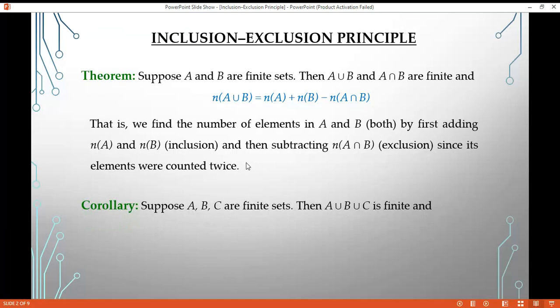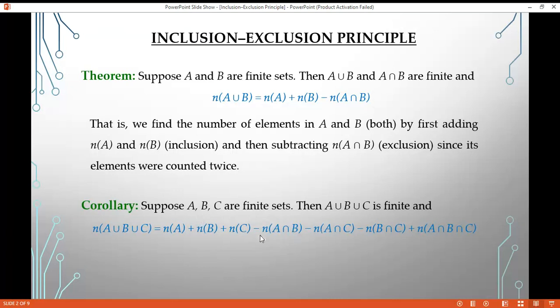One corollary is there: if we have three finite sets A, B and C, then A union B union C is finite, and we can calculate the number of A union B union C. That is number of A plus number of B plus number of C. Now we subtract the number of all the pairwise combinations AB, BC and AC.